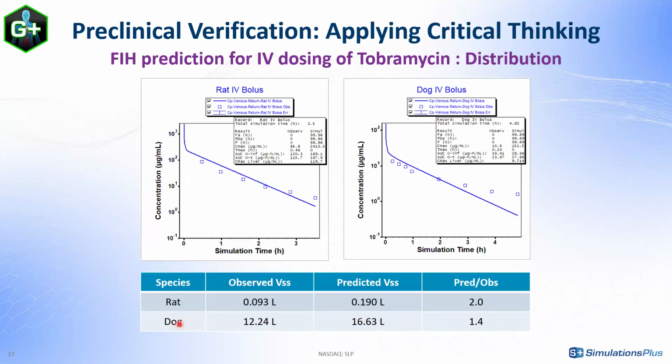And in the table below, you can see the observed volume of distribution for each species, the predicted one, and then the fold error. Both of these predictions are within twofold and therefore acceptable for the model we're trying to build. I should say that the observed data is represented by the open squares in each of these plots, and the predicted plasma concentration is shown by the solid blue line.